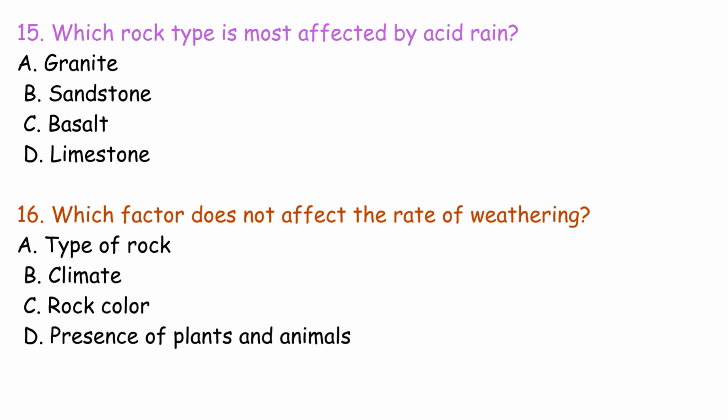B. Sandstone. C. Basalt. D. Limestone. 16. Which factor does not affect the rate of weathering? A. Type of rock. B. Climate. C. Rock color. D. Presence of plants and animals.